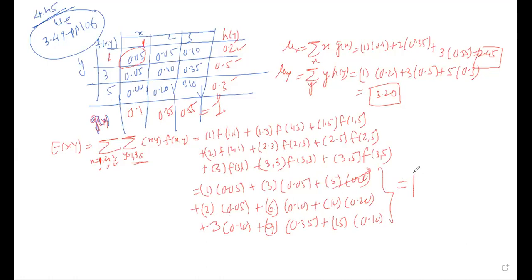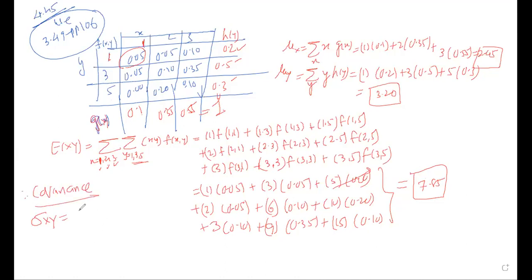If you use your calculator, you're going to get one number, and that is nothing but E of XY. That is equal to 7.85. Finally, plug the value in your formula of the covariance.